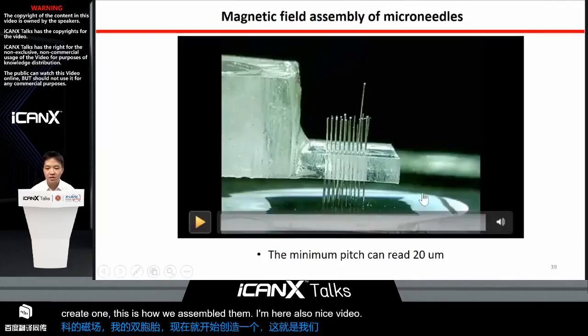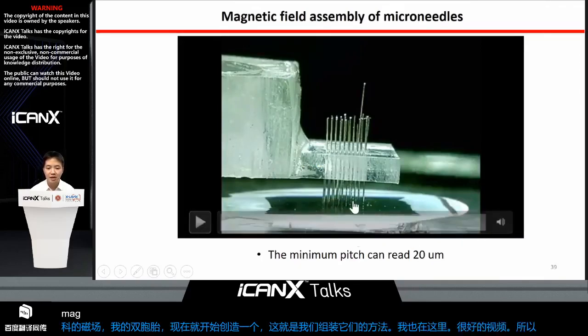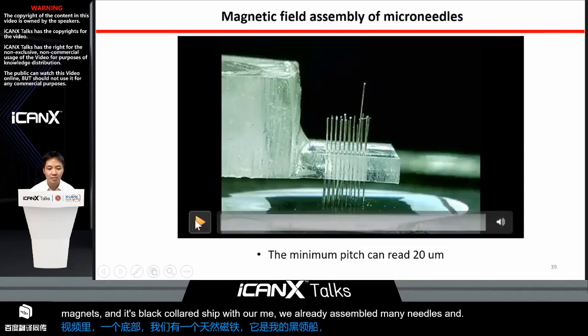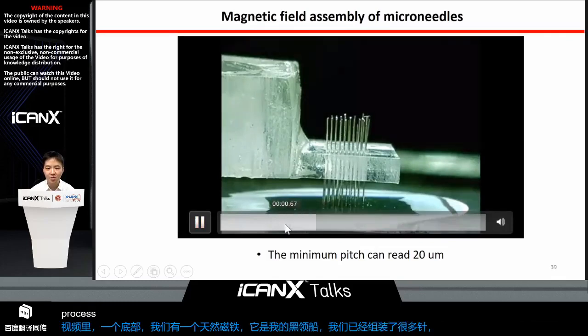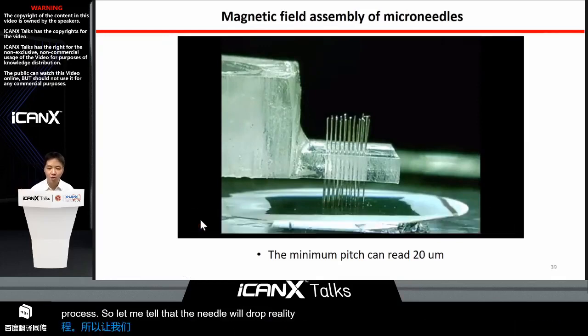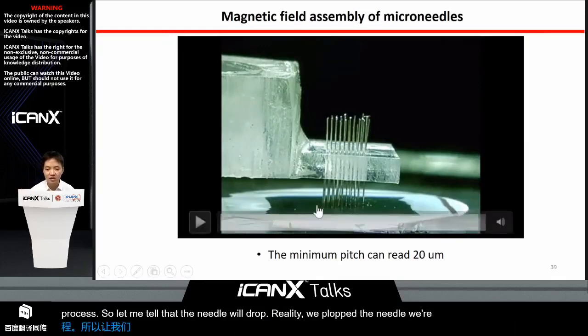In this video, at the bottom we have an electromagnet, and this black chip is our nanowire array. We already assembled many needles. It's a very fast process. Once we turn off the field, the needle will drop. Well, in reality, we drop the needle more gently than this.